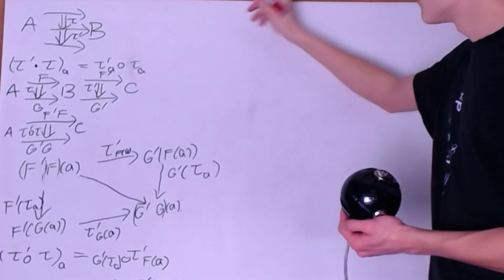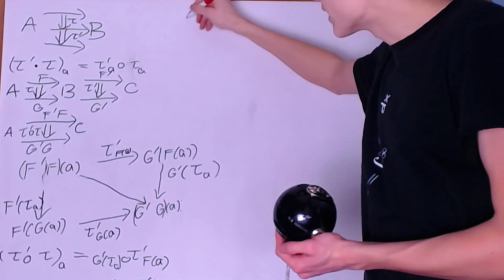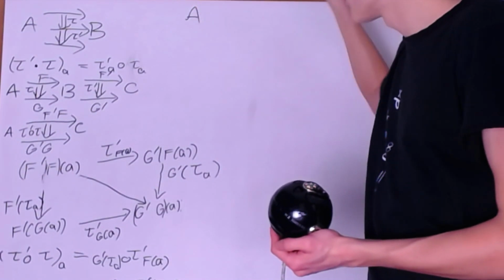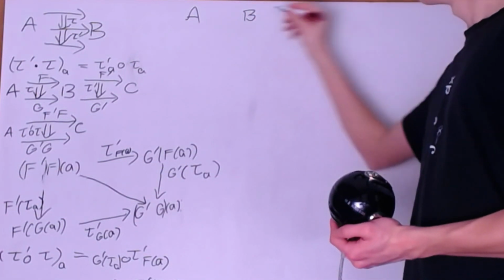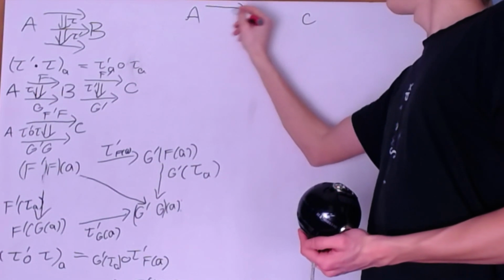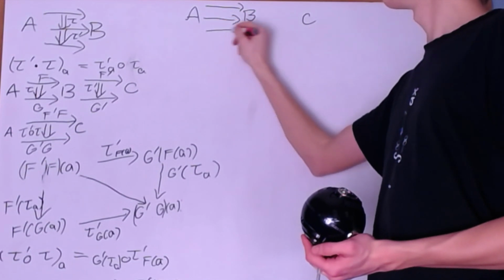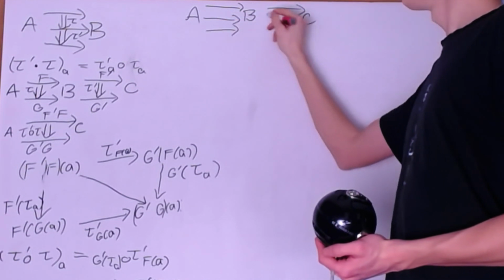So let's say I'm going to draw the diagram right here. So I have three categories, A, B, and C, and we'll have three functors between each of them, like this.